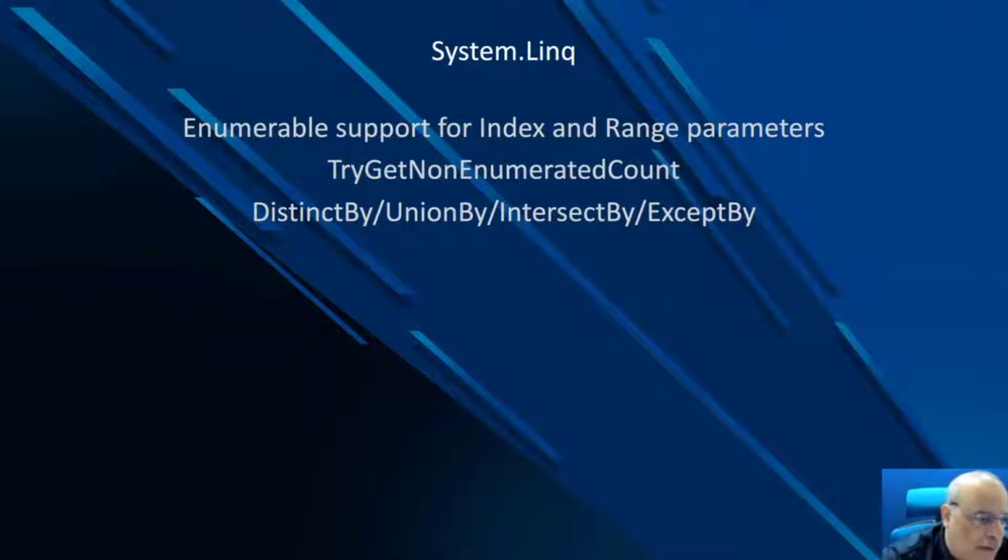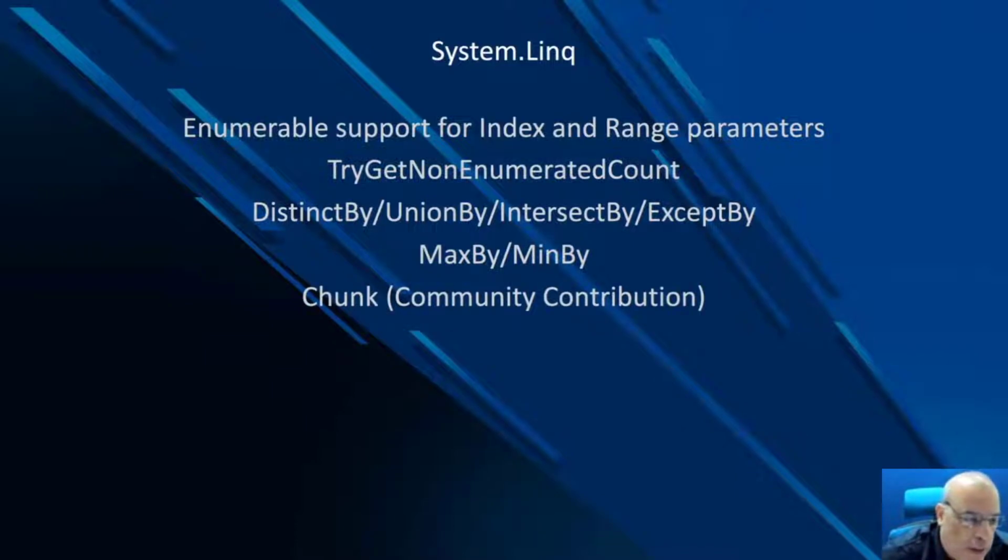So if I want a distinct by first name, you can now just call the property or a method. Same thing with UnionBy, IntersectBy, and ExceptBy. That also works with MaxBy and MinBy. Also, you can specify, like, I want the max age of user dot age, and it will do that for you without the need to create the function.